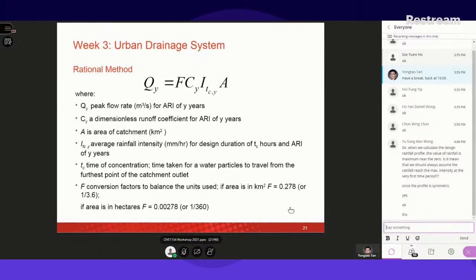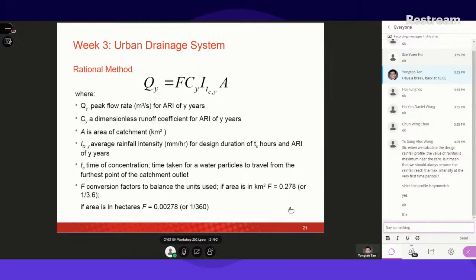The rational method I just mentioned is normally used for the estimation of the peak flow from small catchments, as mentioned, less than 25 square kilometers.